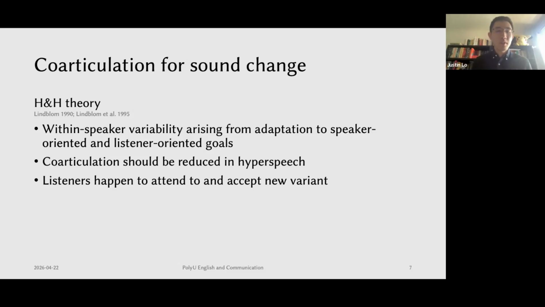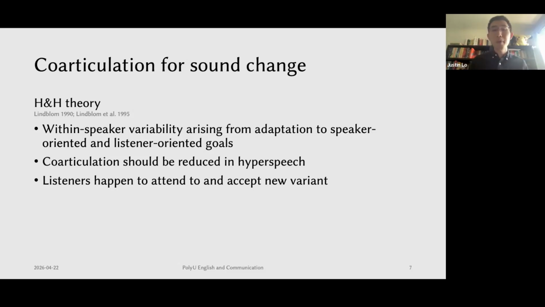So one perspective on this would be what we call the H&H theory from Lindblom. This is hyperspeech and hypospeech. Hyperspeech is where you have to be hyper-articulating and particularly clear in terms of what you're saying. Versus hypospeech is when you're saying something that people already know a lot about.